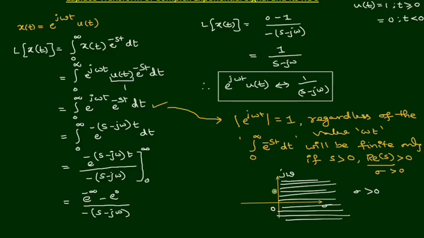This is indicated in this figure using the horizontal lines, the shaded region. We say this is the region of convergence, or region of existence of the Laplace transform, for the exponential function e power j omega t u of t.